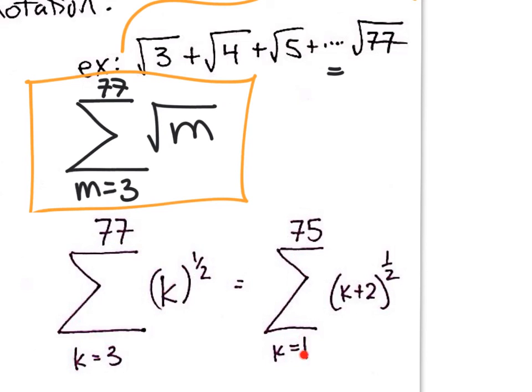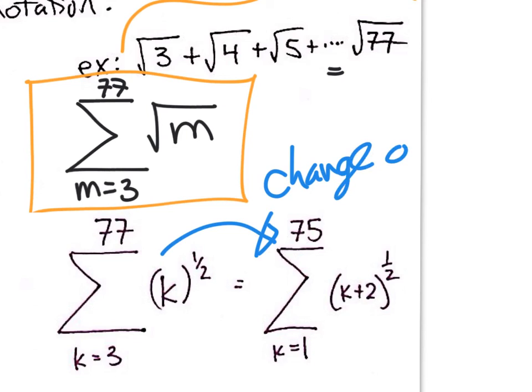If I were to take 1 and plug it in, I would have square root of 3, that's my first term, and then 2, and I'd have square root of 4, and by the end I'd plug in 75, and 75 plus 2 is 77, so square root of 77 is the last term. I think we're going to get into this: change of index. Sometimes that will happen. These two are the same thing, equals.